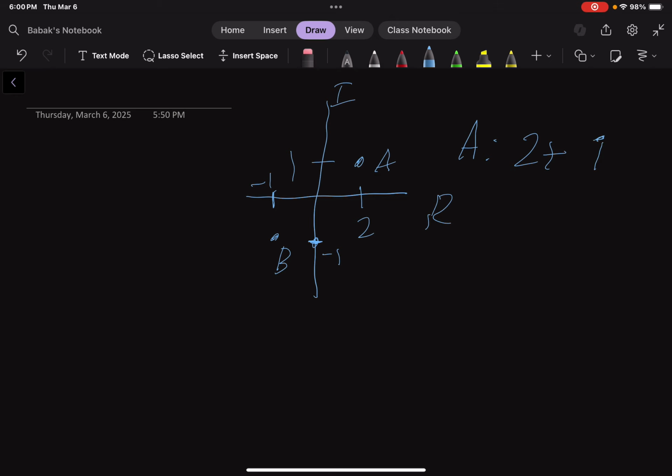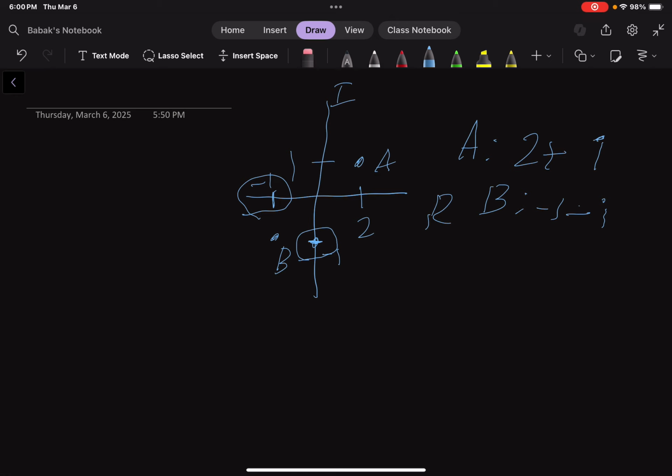This is the same thing, in that the 2 comes from the real axis and the 1 comes from the imaginary axis. Point B, on the other hand, corresponds to -1, stemming from the real axis, plus, or rather minus, i, stemming from the imaginary axis.